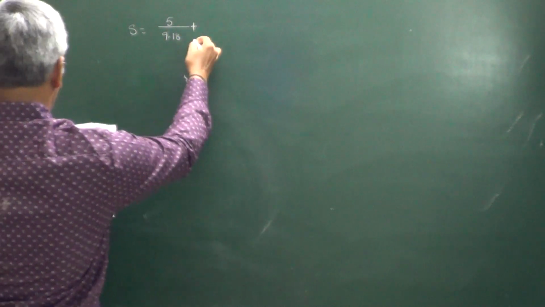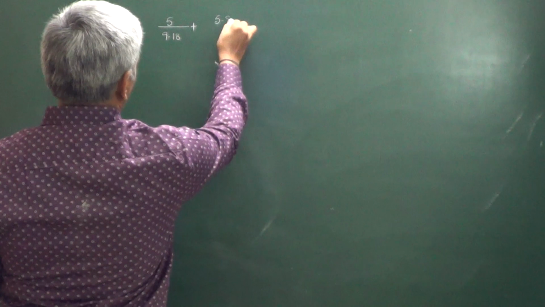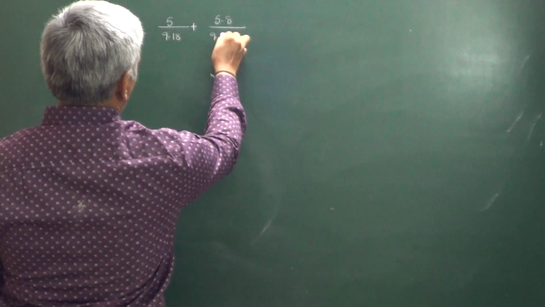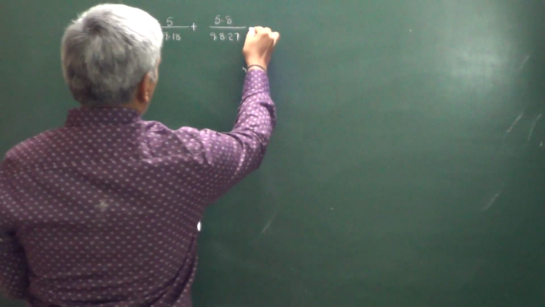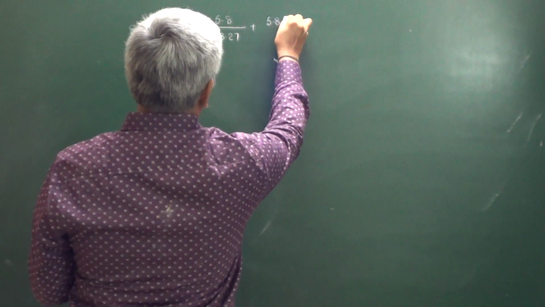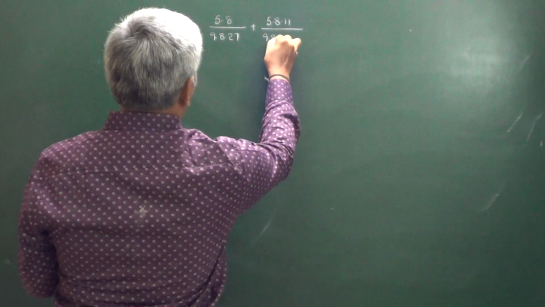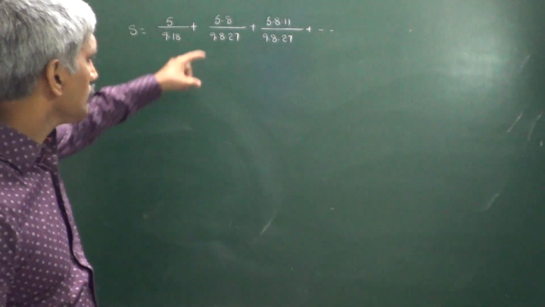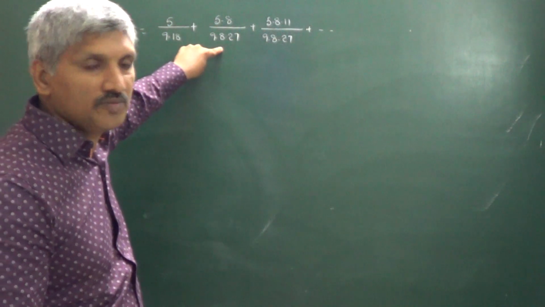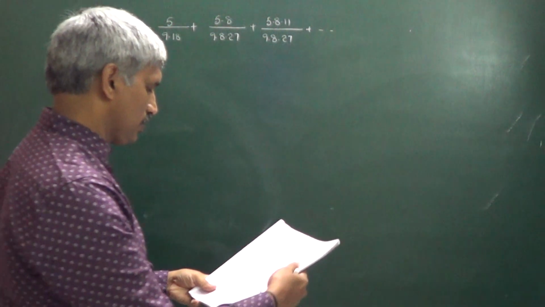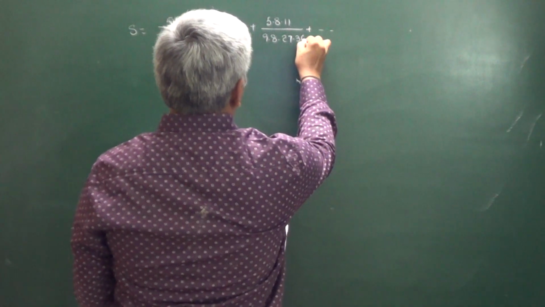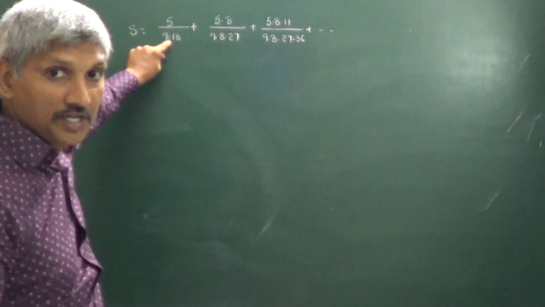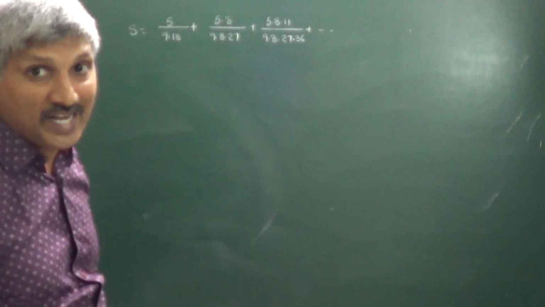S is equal to 5 divided by 9 into 18 plus 5 into 8 divided by 9 into 18 into 27 plus 5 into 8 into 11 divided by 9 into 18 into 27 into 36 plus and so on. In the numerator there are 2 terms, but here 3 terms. So that's why we are balancing.